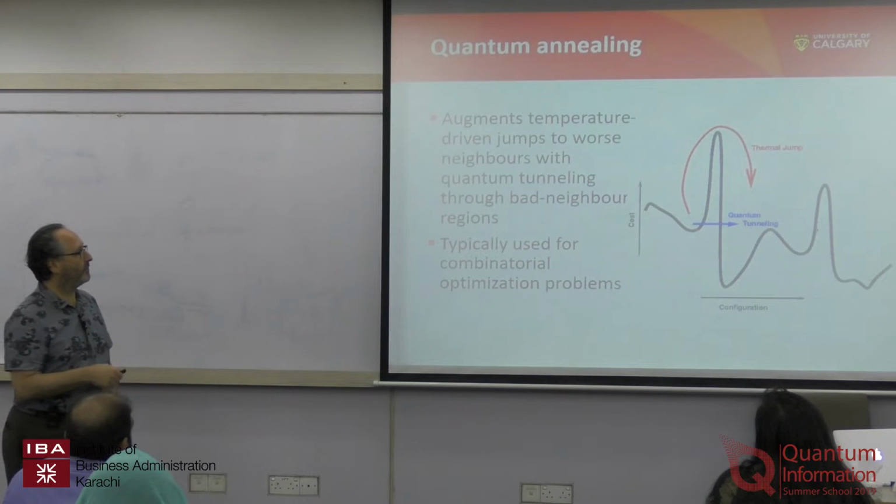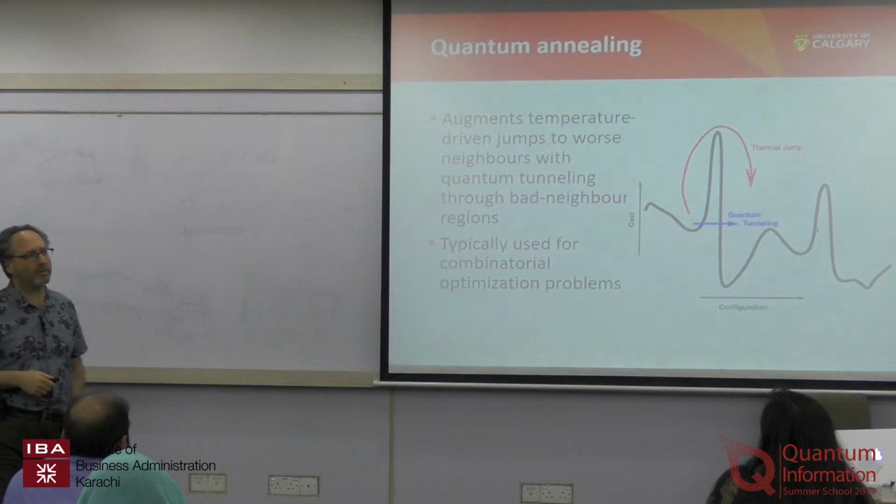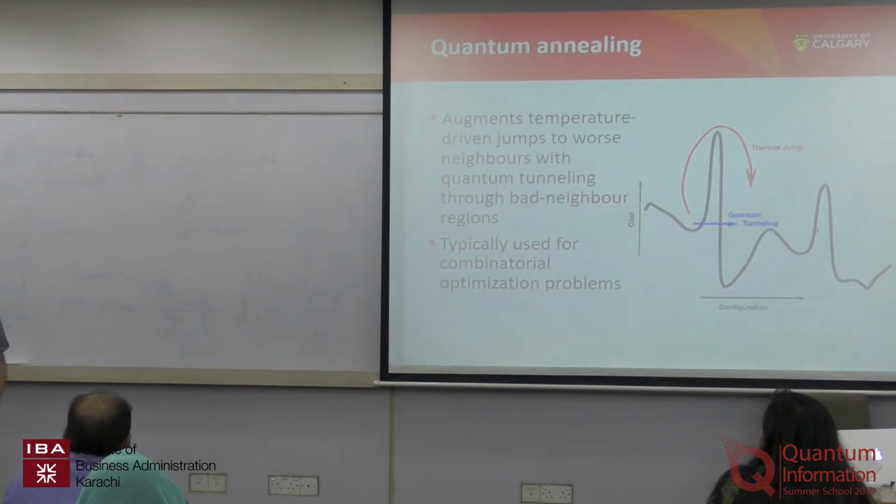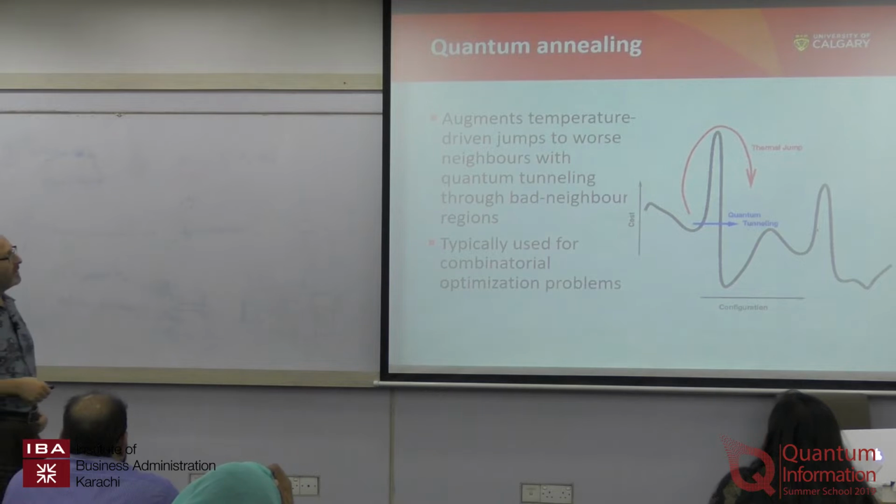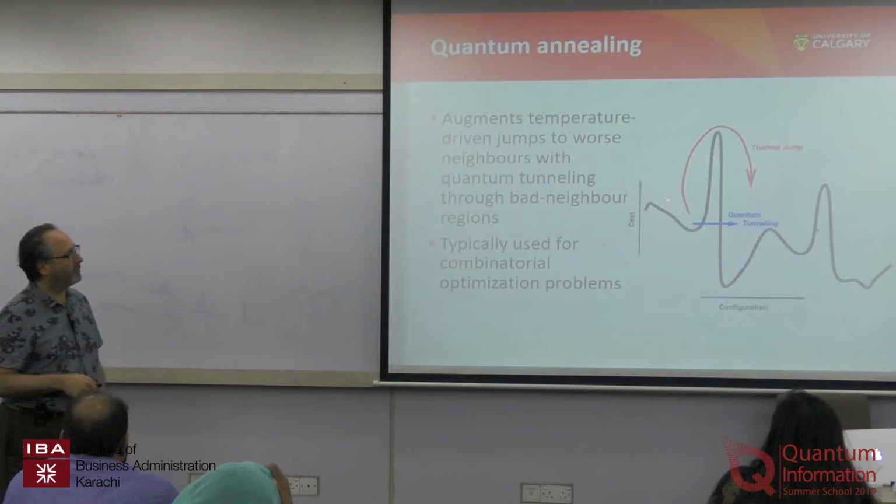There's no proof of it. There's just an intuition. I'll tell you what the intuition is, and this is what drives people to do research in the field and build machines: to try to make use of quantum mechanics in the following way. Over here we have that landscape again, and as I explained, there's a thermal jump.